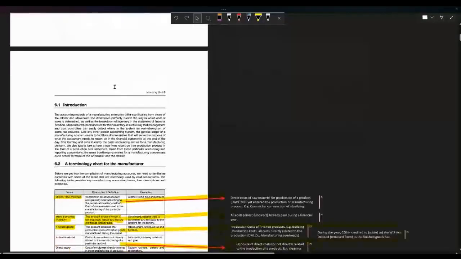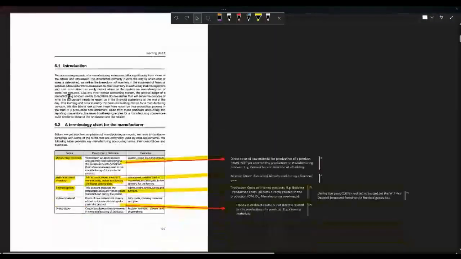All right, so in your reading, please do go through the introduction as well as the terminology chart, with definitions that we've already covered in this module, such as the direct material or raw materials, the work in process inventory. You would hear me use work in progress, unfortunately just by habit, but it's work in process.